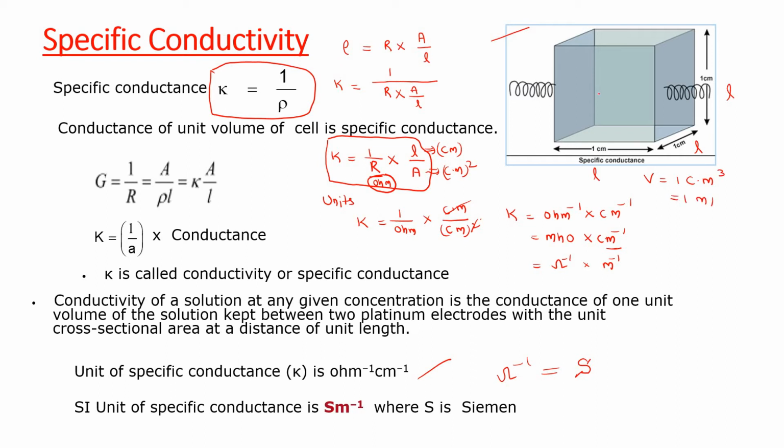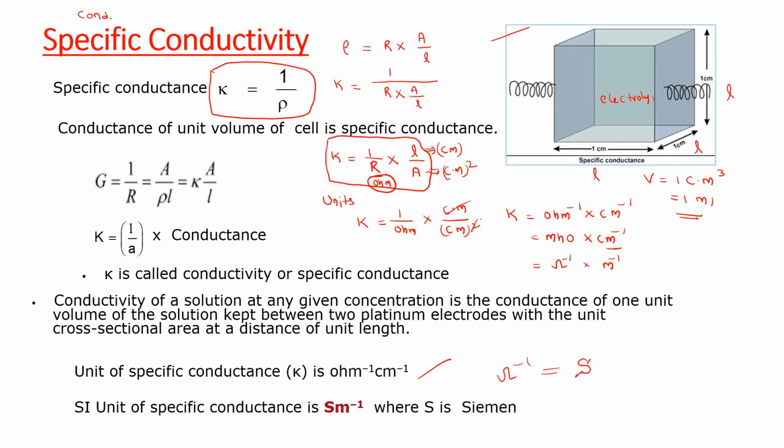Now you have some electrolyte in this one. The conductance shown by 1 ml of electrolyte is called specific conductivity. I am writing a very simple definition here.